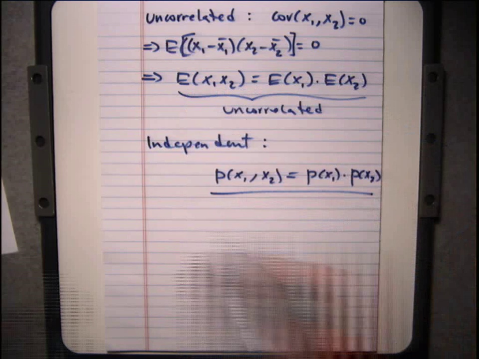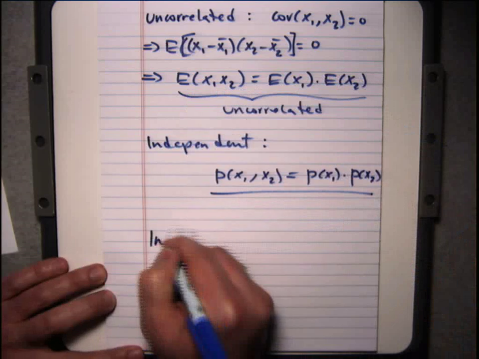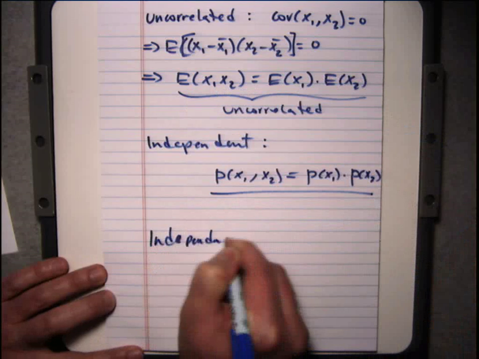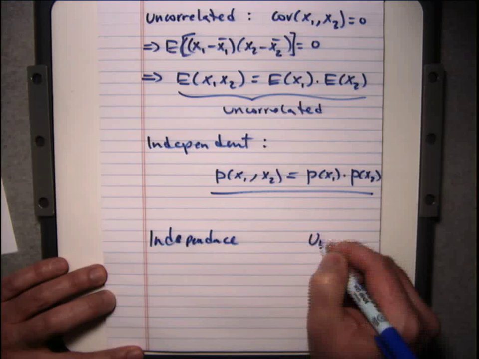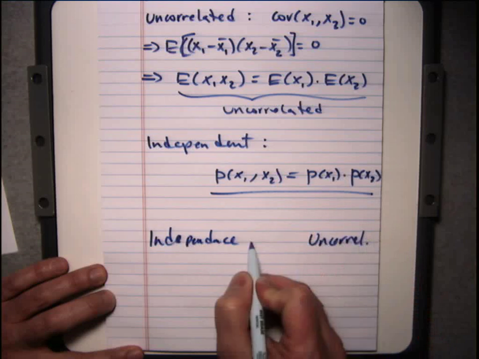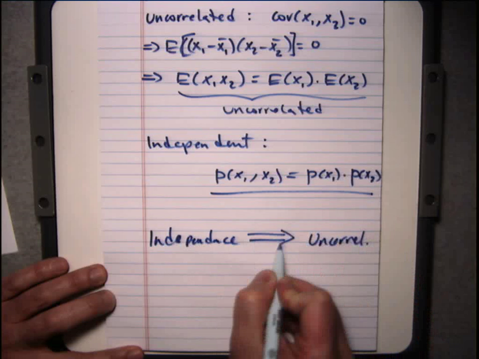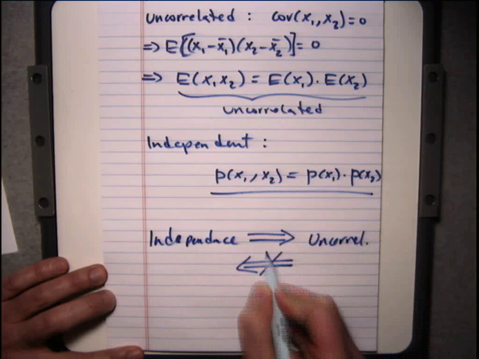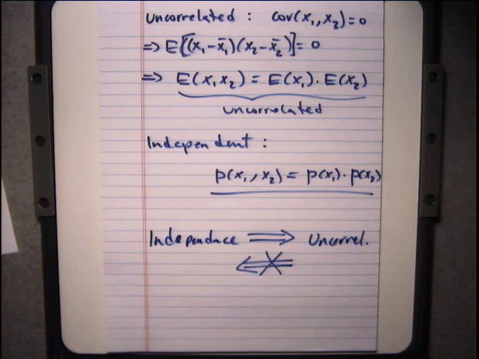Okay? So here's the way it works. Independence and uncorrelatedness. Independence implies uncorrelatedness, but this is not true the other way. Okay?